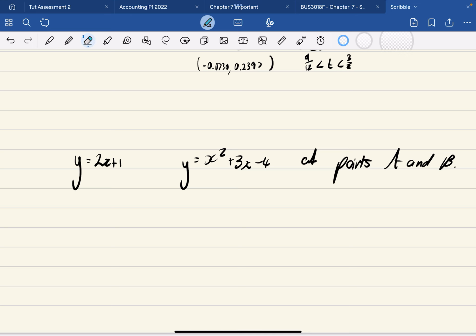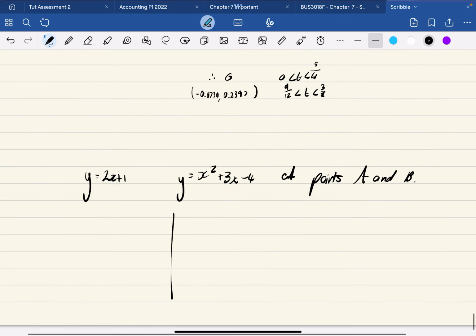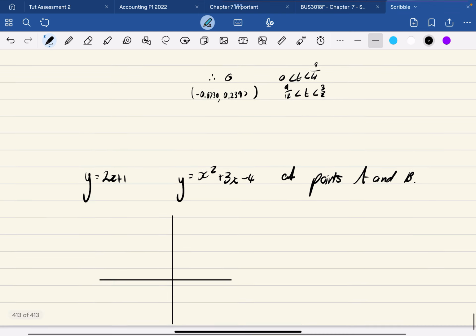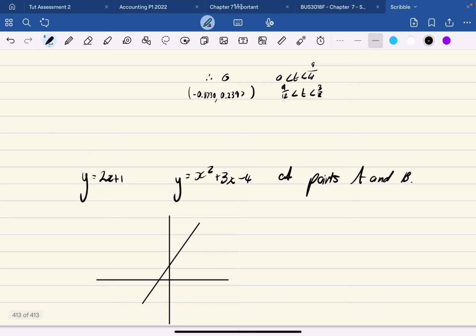Okay, so this looks a little bit tough, but actually it's exactly what you just did in the previous simultaneous equations. It's a very similar concept. So if I draw the graphs, y equals 2x plus 1 looks something like that.